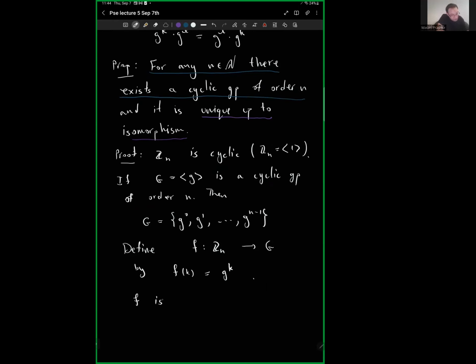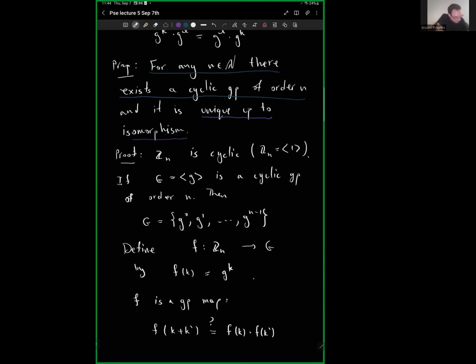f is a group map. Well, how do I see it? I need to show that f of k plus k prime is going to be equal to f of k multiplied by f of k prime.